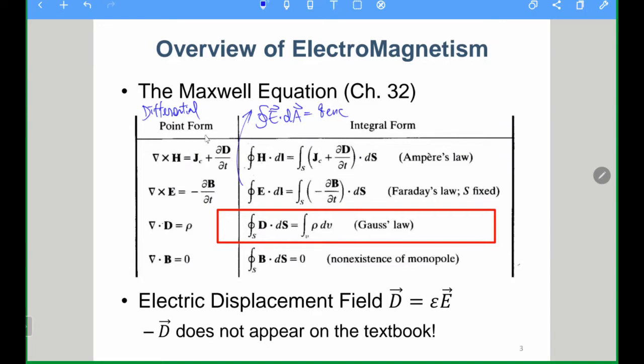But if you don't know how to derive the wave equation and how to solve it, you'll feel like in chapter 33, when we talk about the EM wave, it just pumps out many formulas with no reasons. So I will supplement all those parts related to the EM wave.